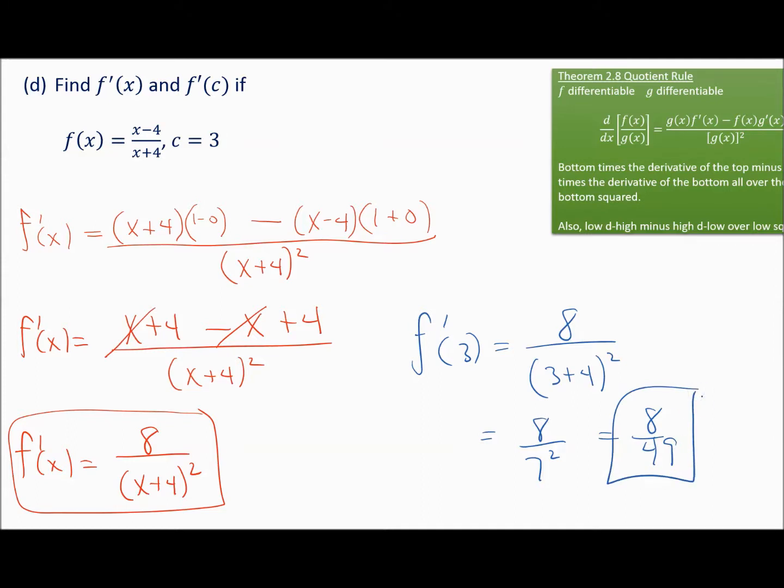Now, what did we just find? What is this 8 over 49? It is the slope of the tangent line at x equals 3. So if we were to graph this curve, I'm not going to right now, but if we were to graph this curve and plot the point 3, whatever we get when we plug 3 in for the y, the slope of that tangent line is 8 over 49.